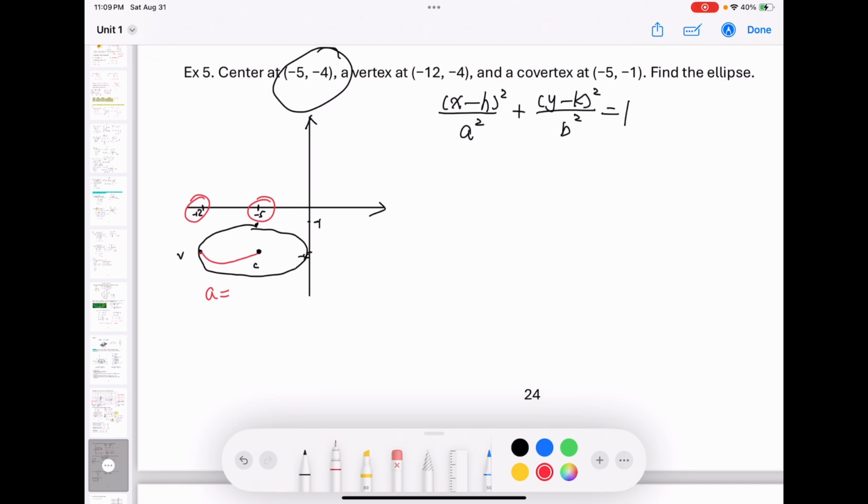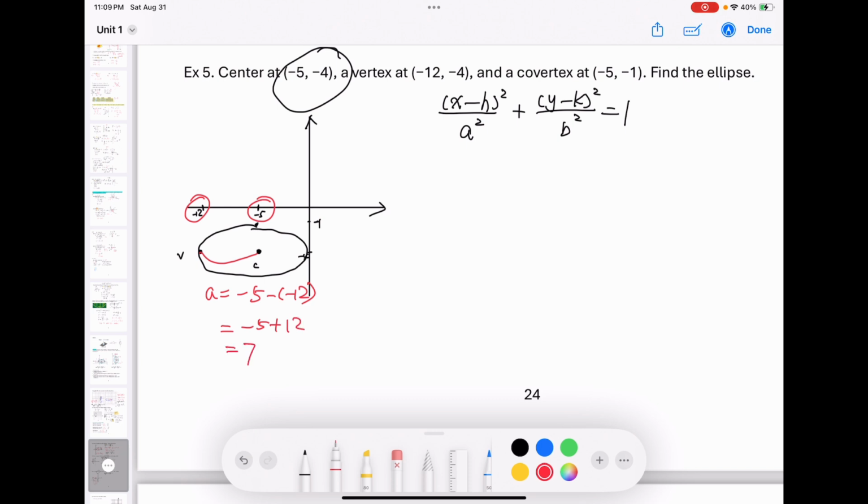Then you can find the difference. You do not use the more negative number minus negative 5. So let's say big number, negative 5, minus negative 12. So that is negative 5 plus 12. So it is 7.